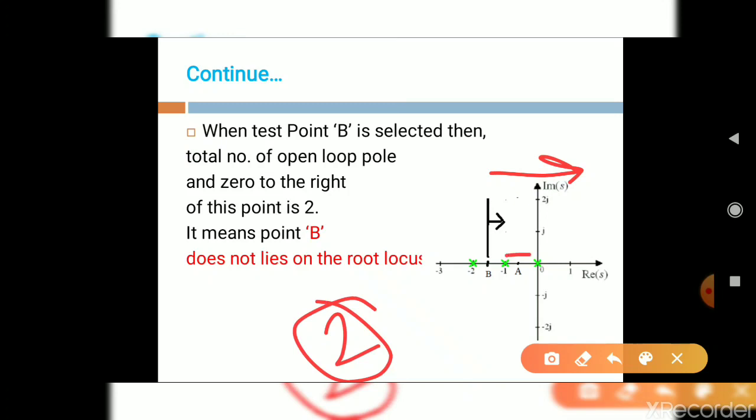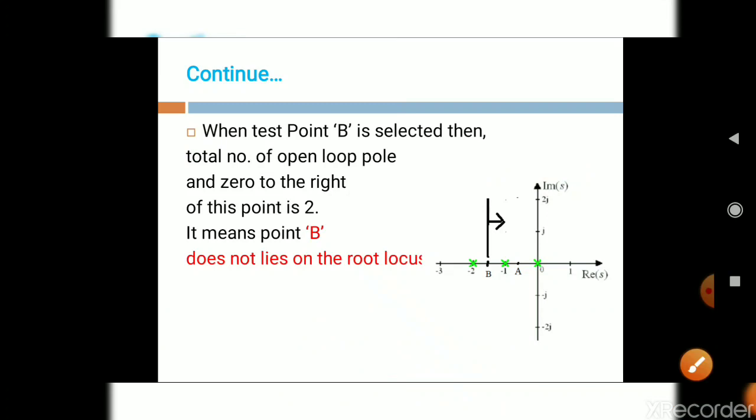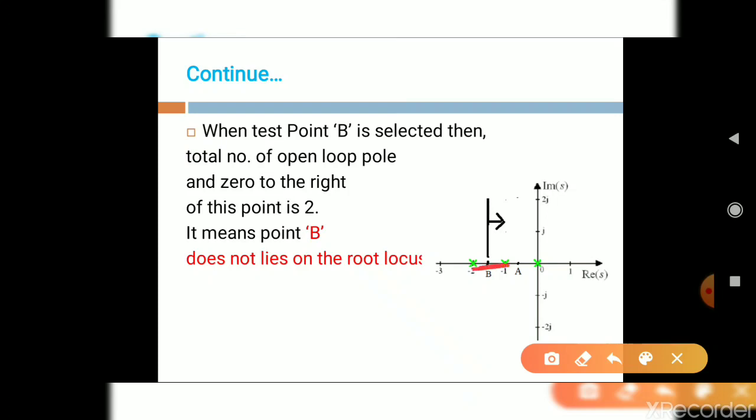Once you cross -1 going from the right, the count was 1 and the root locus lies; but after -1, 2 poles are present, so the root locus does not lie between -2 and -1. Okay, so in this region the root locus does not lie.